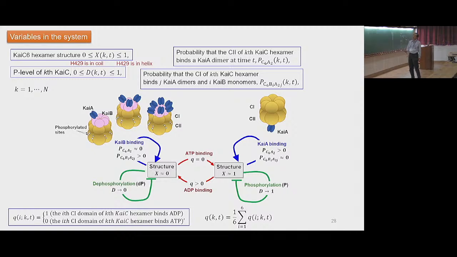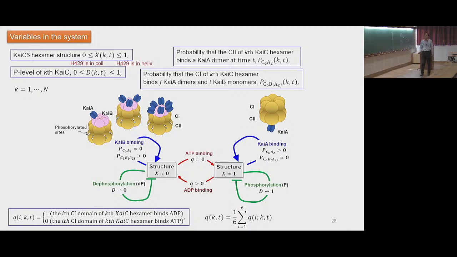Also we described the kinetics of D in a similar kinetic equation. And we assumed D increases if KaiA binds here. If PC6A2 is large, then D increases. But if PC6A2 is near 0, we assume that D decreases, like this.